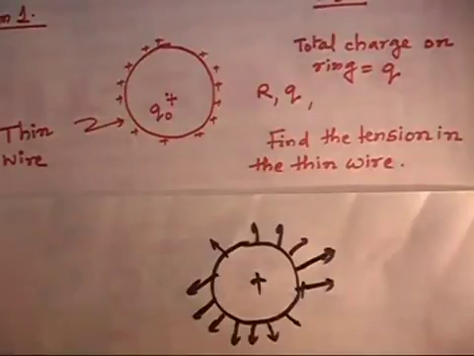Let me give you a hint. Take a small section of the ring, d theta, find the charge, and then take the component of the total forces and equate the forces due to repulsion, that is the Coulomb repulsion force, with the forces due to tension. You will find the answer.